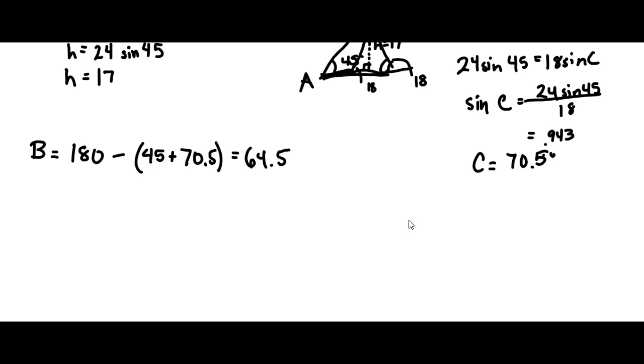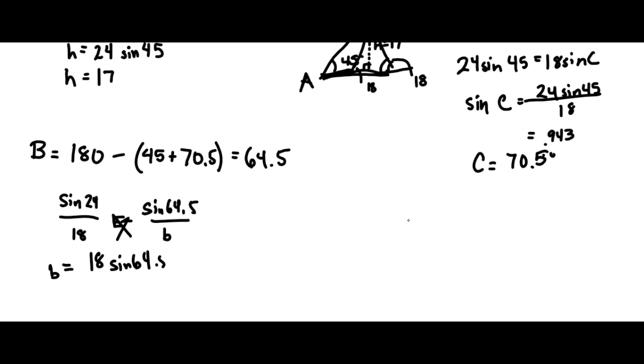And then side b, we'll just use the same ratio, so sine of 45 over 18 equals sine of 64.5 over side b. So therefore b is equal to 18 sine of 64.5 over sine of 45.